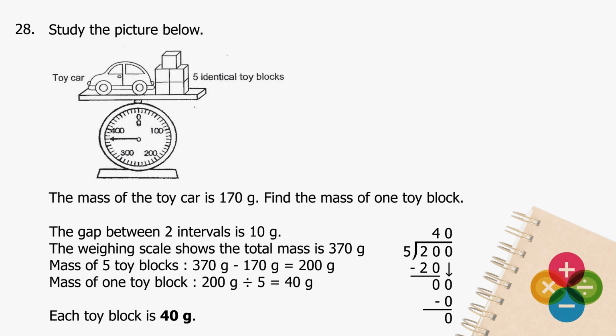The weighing scale shows the total mass is 370 grams. The mass of 5 toy blocks will be: subtract 170 grams from 370 grams, and the difference is 200 grams. The mass of one toy block will be: divide 200 grams by 5, and the quotient is 40 grams. Each toy block is 40 grams.